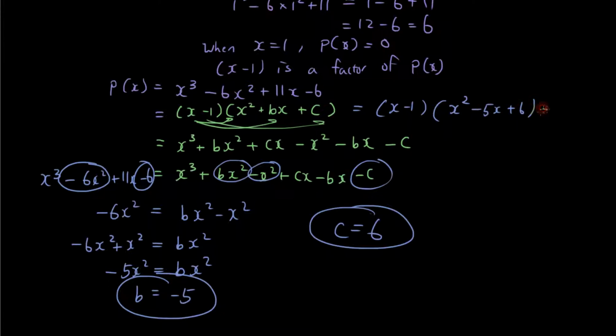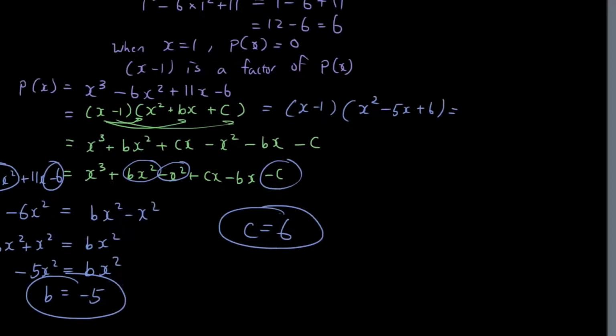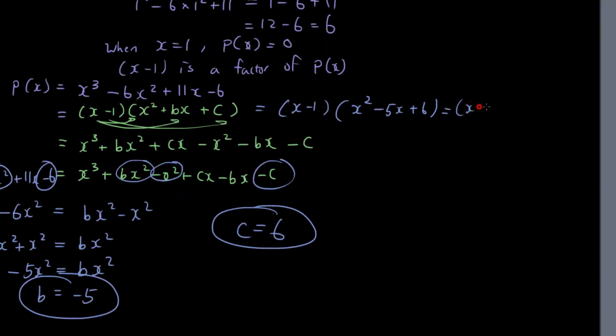And then you can simply factorize the second part using normal quadratic factorization. So you will get x minus 1, x minus 2 and x minus 3, using simple quadratic factorization to factorize this part here.